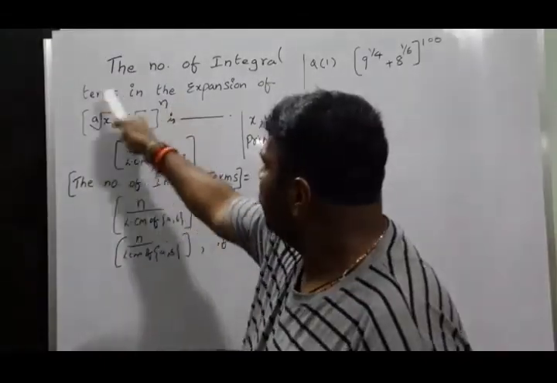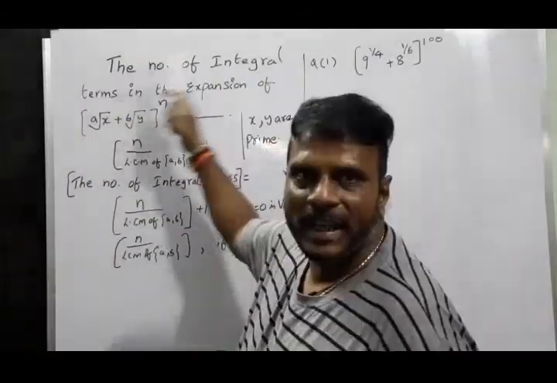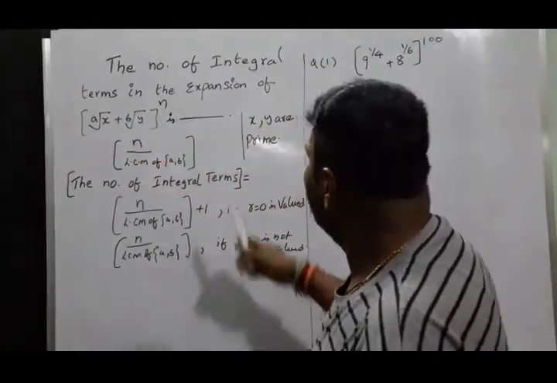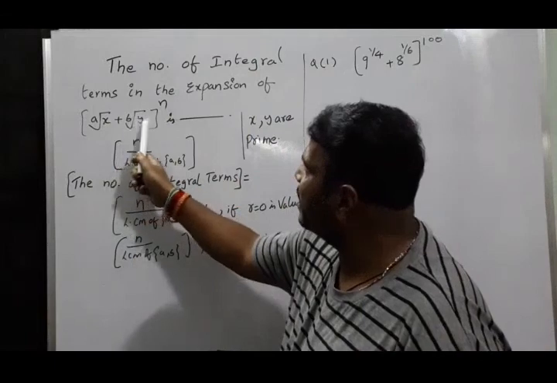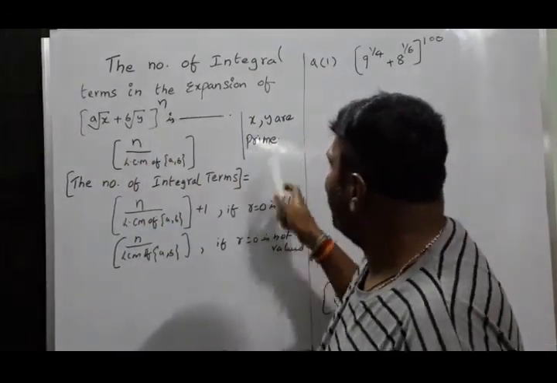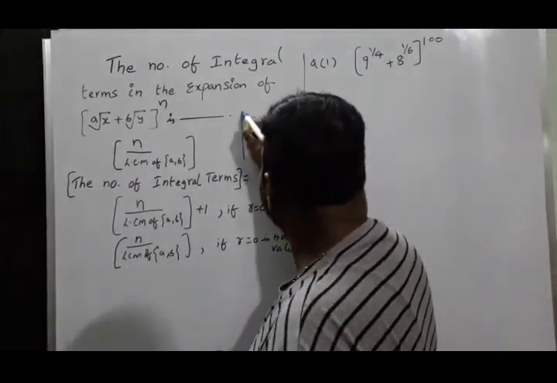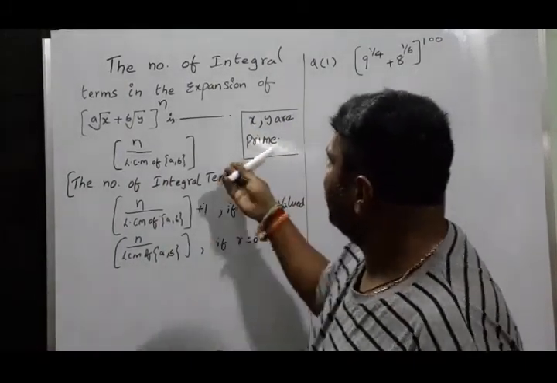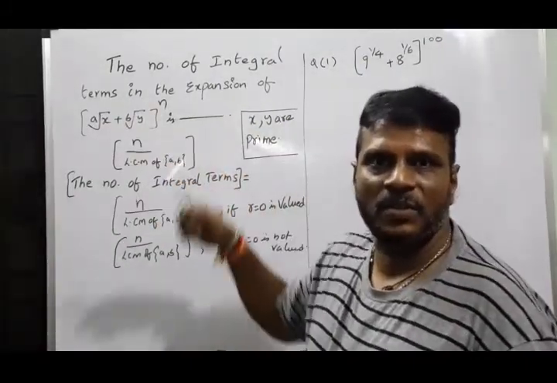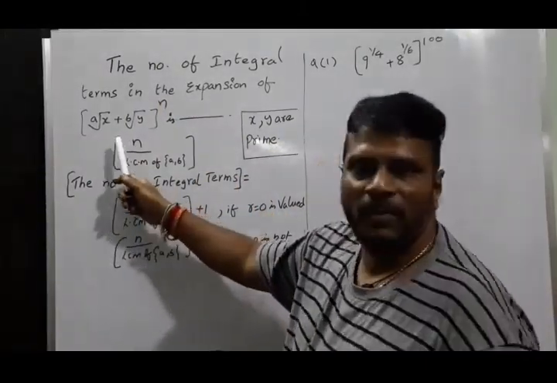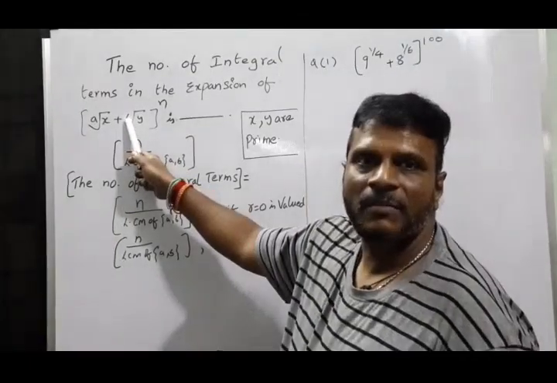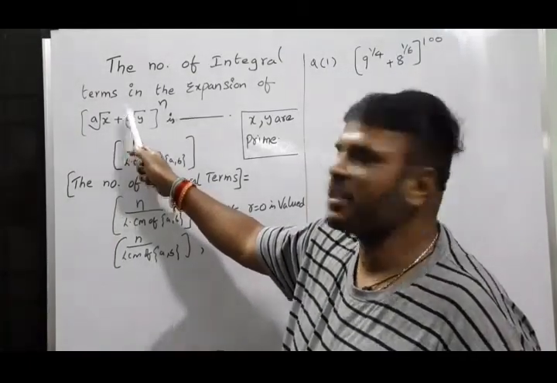To find the number of integral terms in the expansion of this, first of all, both x and y should be prime numbers. Remember that. Then only we can apply this formula. First of all, find the n value, a value, b value from the given expansion.